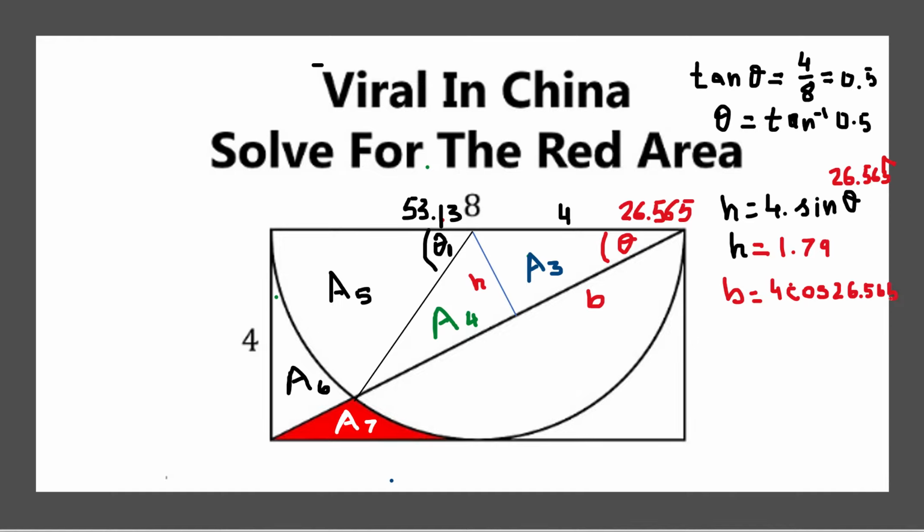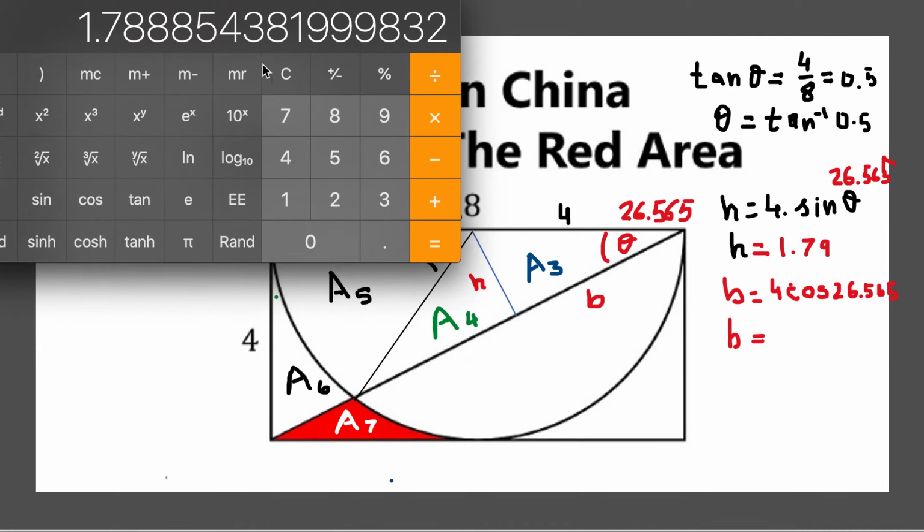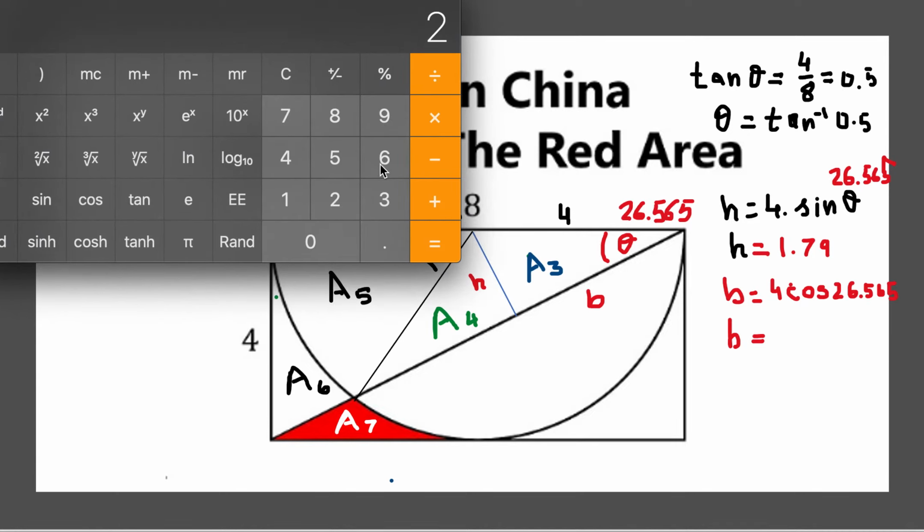So, and b is equal. So we can find out the value of b. And the value of b is 26.565.